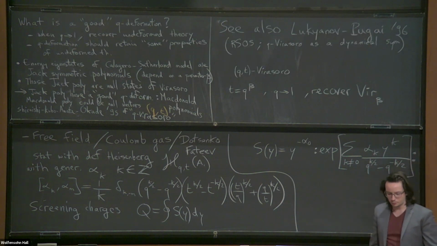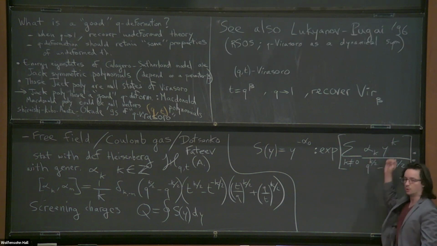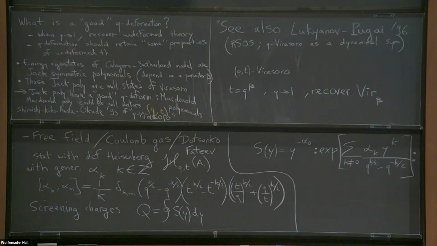So this is where the name free field comes from. Everything is realized in terms of certain vertex operators, which take the form of the exponential of some sum over modes. So this is literally, open any textbook on the Coulomb gas formalism, how you construct such objects.